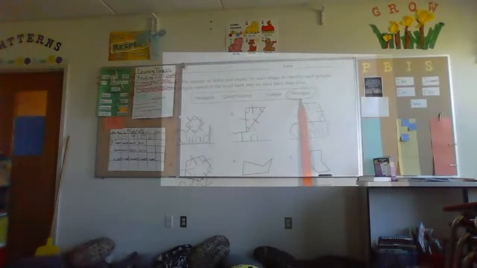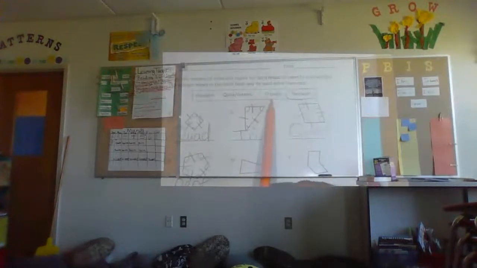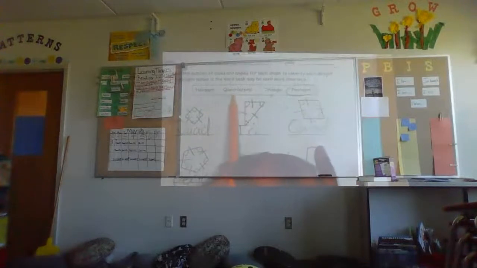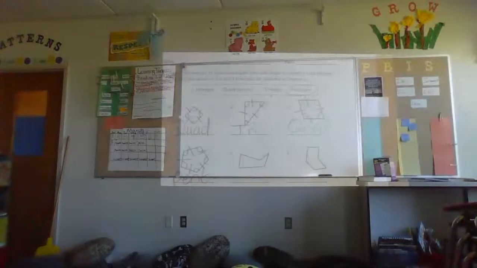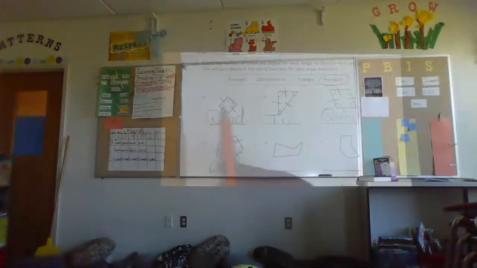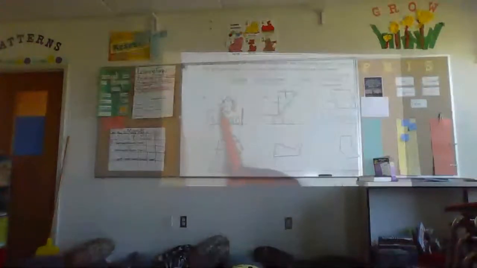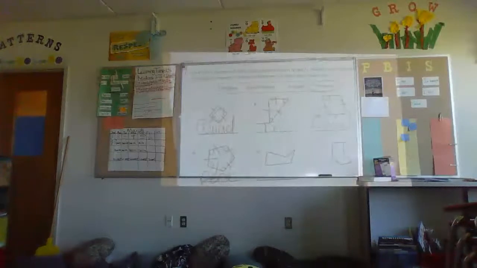So pentagons are shapes that have 5 sides and angles, and then the triangles have 3 sides, the quadrilaterals have 4, and the hexagons have 6. I did some here. This one ended up being a quadrilateral because it has 1, 2, 3, 4 sides, and it has 4 angles, with the little arches showing the angles. So you'll have work like that.